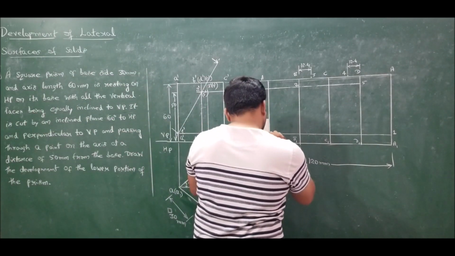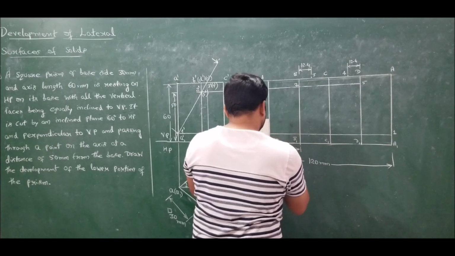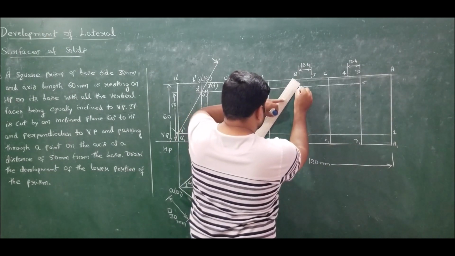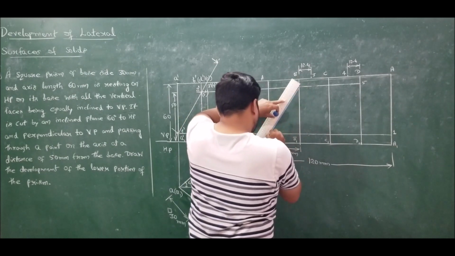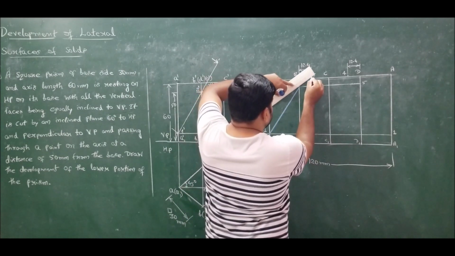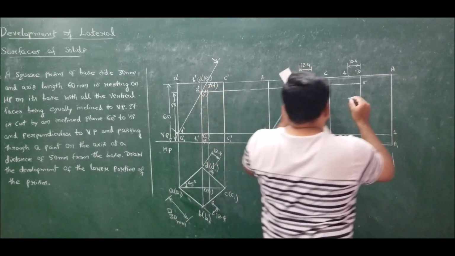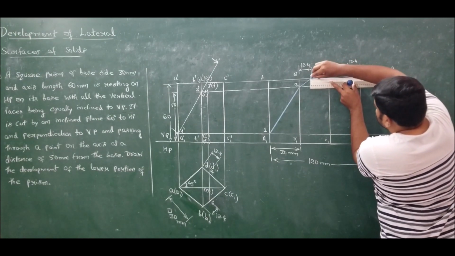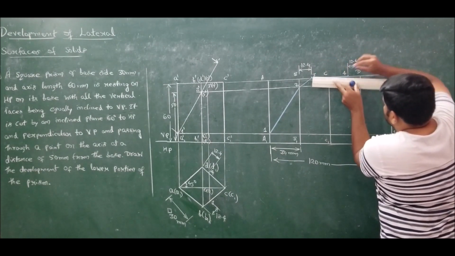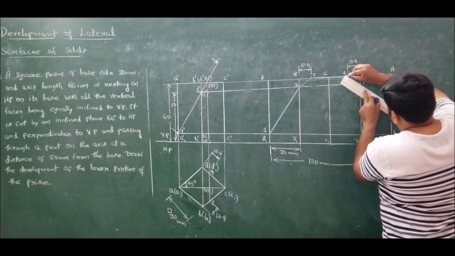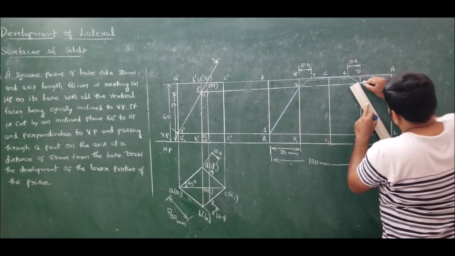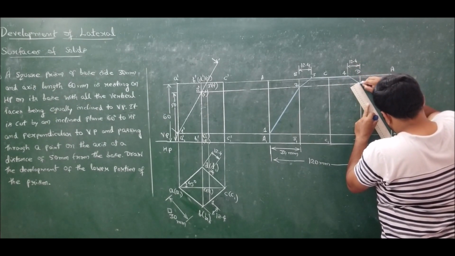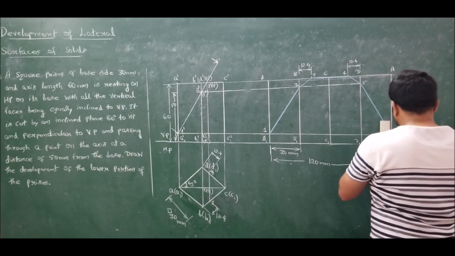That is, first we have from A to 1, next 1 to 2, next 2 to 3, next 3 to 4, 4 to 5, then 5 to 1, and 1 to 8.